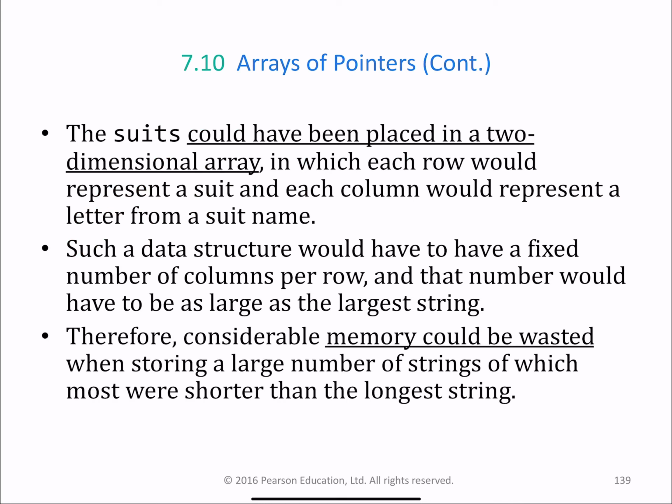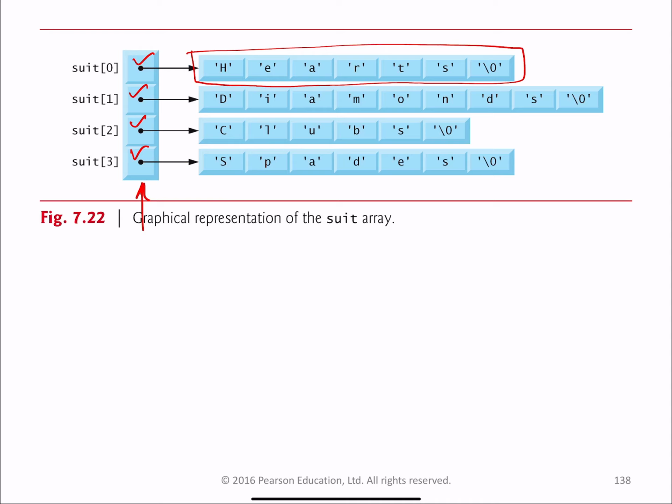Now, it's also possible to simply create a 2-dimensional array and store all those strings in that. Of course, you could do that, but that would also mean that you're wasting memory. And how much? Well, the number of rows of the 2-dimensional array would have to be 4, because we have 4 strings over here.